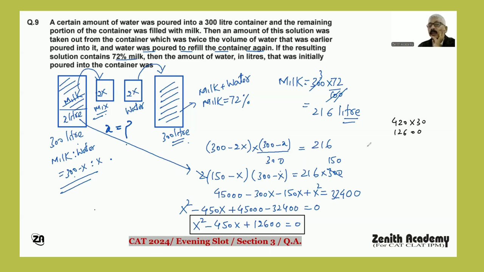So this is x square minus 420x minus 30x plus 12600. So this is x minus 420, x minus 30 is equal to 0. So x is 420 and x is 30.